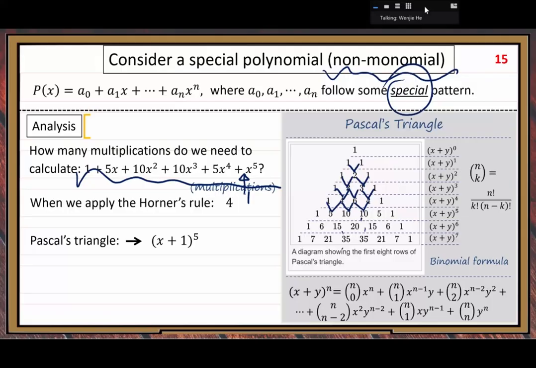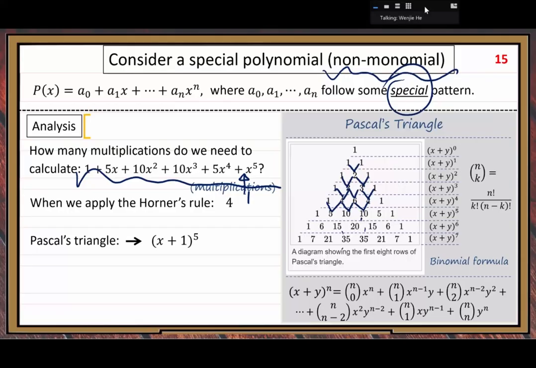When we write in that way, this new structure, can we use fewer number of multiplications to find the value? Say a few multiplications. Is it possible?